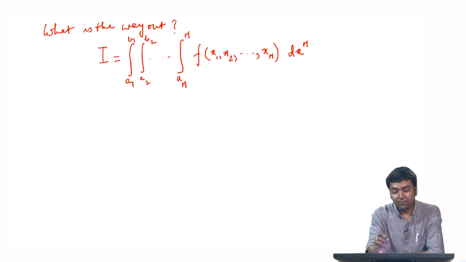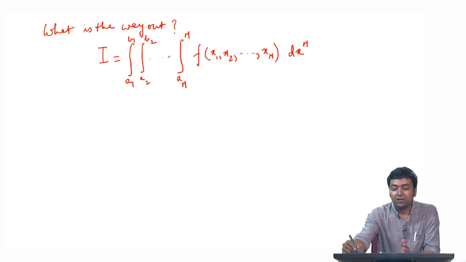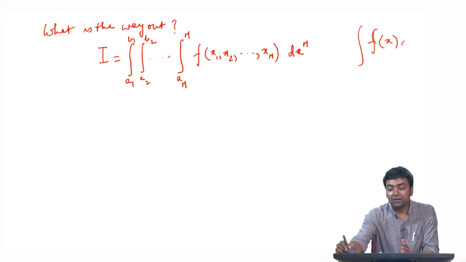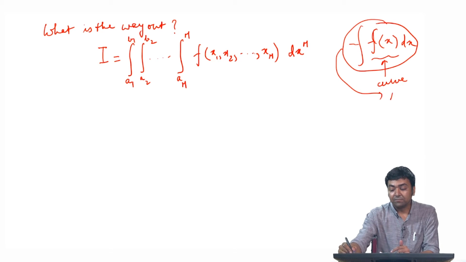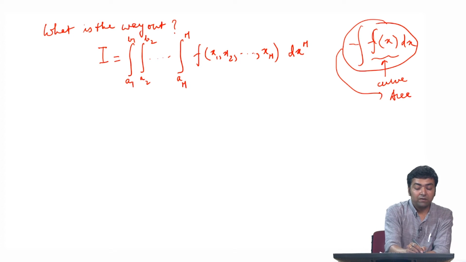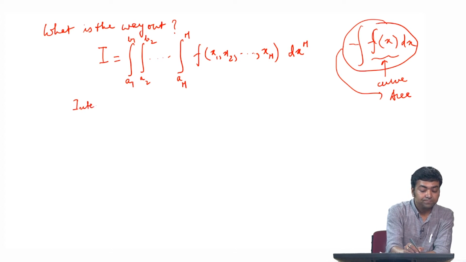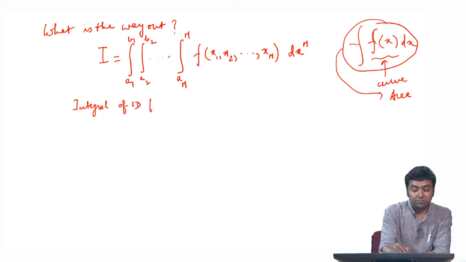Now, what does this mean geometrically? We have seen that if I have a one dimensional function f of x, that means it is a curve, and if I integrate it, the integral will give me an area. So, the integral of a 1D function gives me the area under the curve.